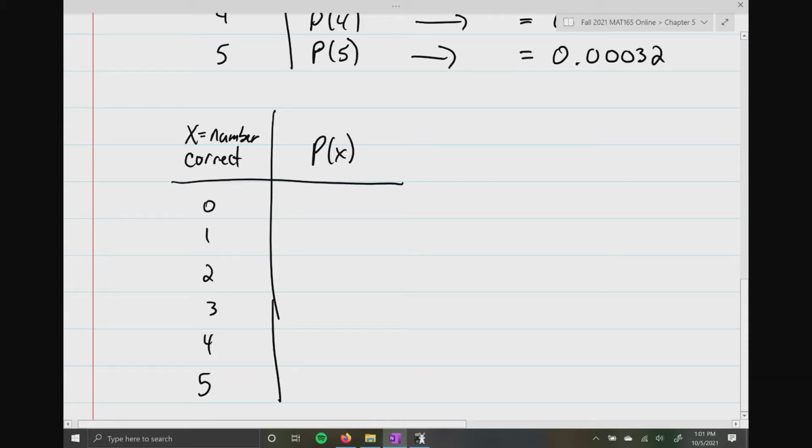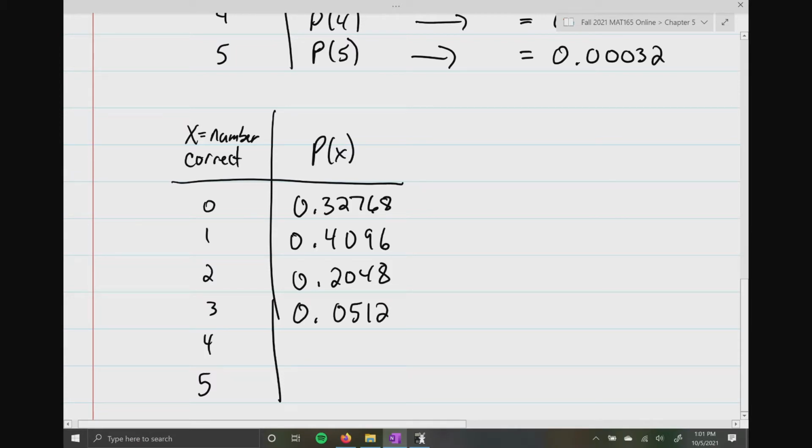All right, and then I'm just going to write out the probabilities here. 0.32768, 0.4096, 0.2048, 0.0512, 0.0064, and then the last one is going to be 0.00032.